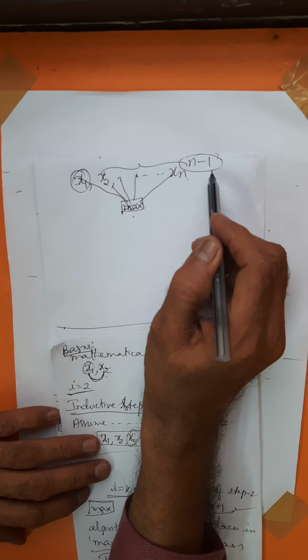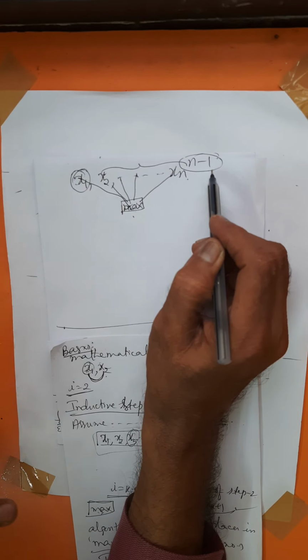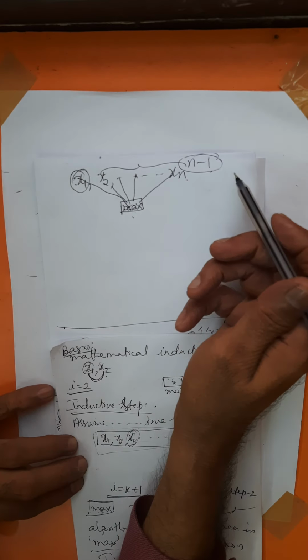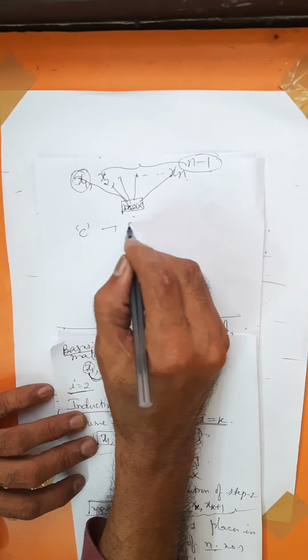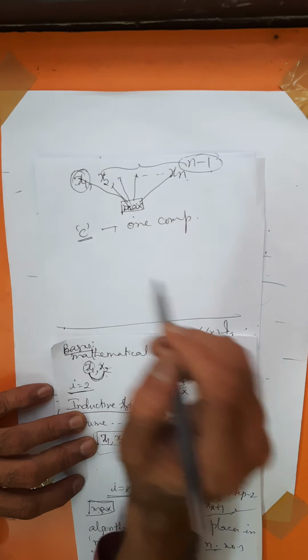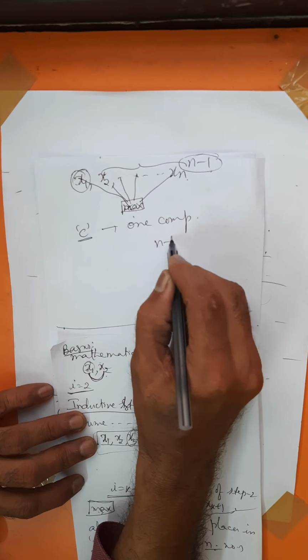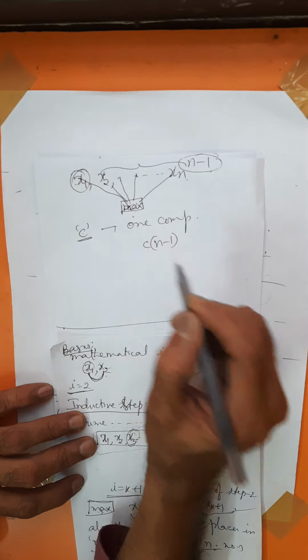There are a total of n minus 1 comparisons. Assume that c is the time taken for one comparison. For n minus 1 comparisons, what is the time? c into n minus 1.